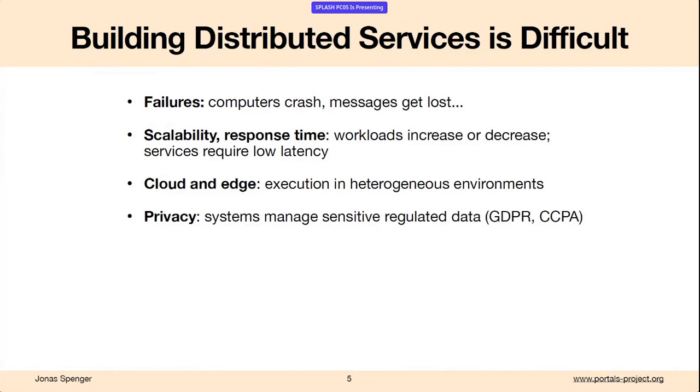We had a talk on Tuesday by Asterios in the Rebels workshop. He also spoke about this at great lengths. The second thing is, again, we need to scale up a lot, still with good response time. And the system might execute in very heterogeneous environments. Last but not least, we're also managing very sensitive user data in these systems.